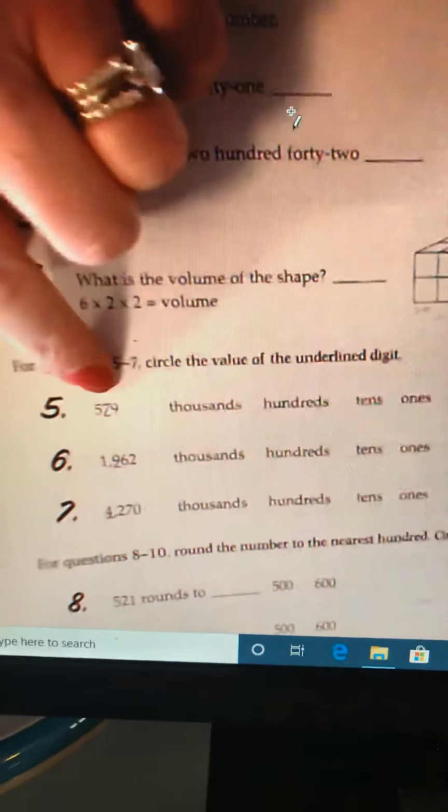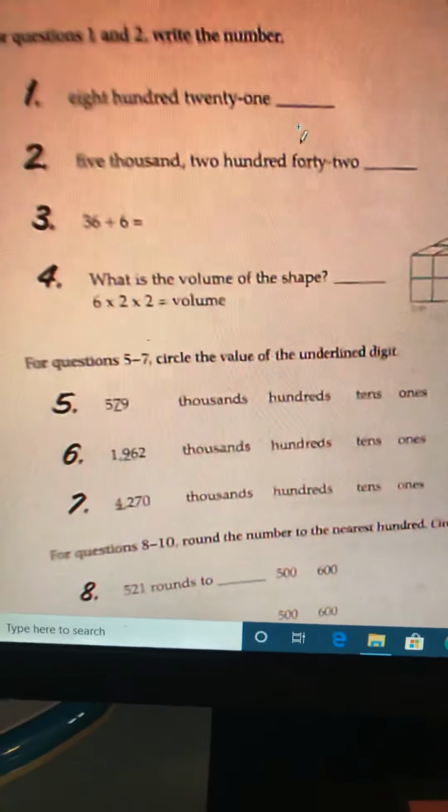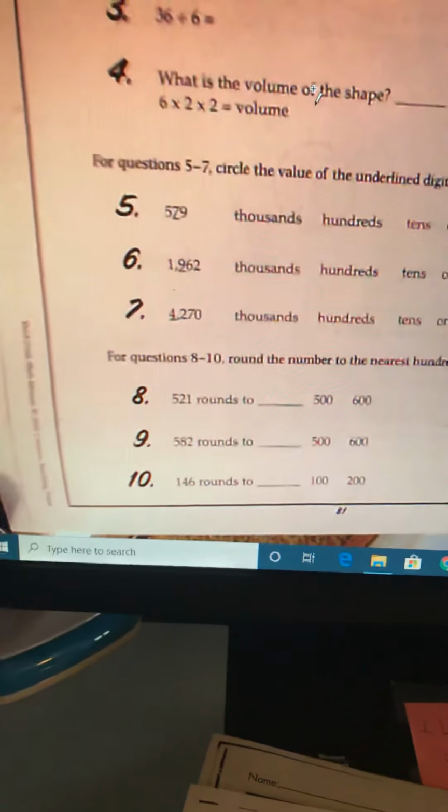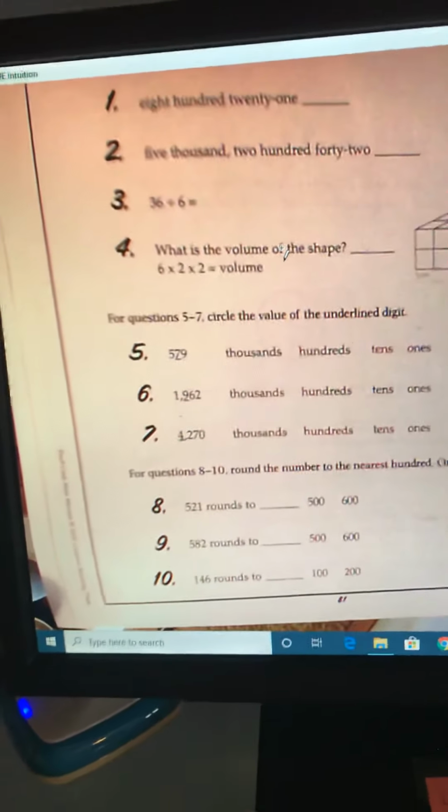Then on 5, 6, and 7, you're writing the value of the underlined digit. So remember your order of digits: ones, tens, hundreds, thousands, 10,000s, 100,000s, and so on. Then you have 3 more rounding to the nearest 100, just like we did earlier in the week. So that is your math for today.